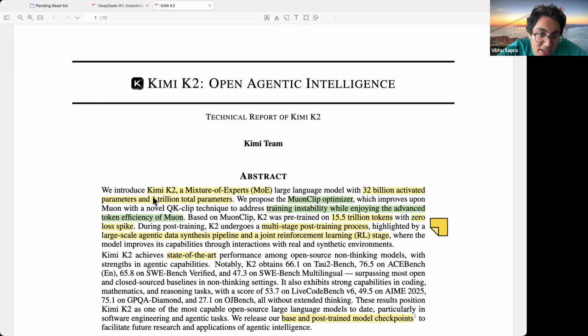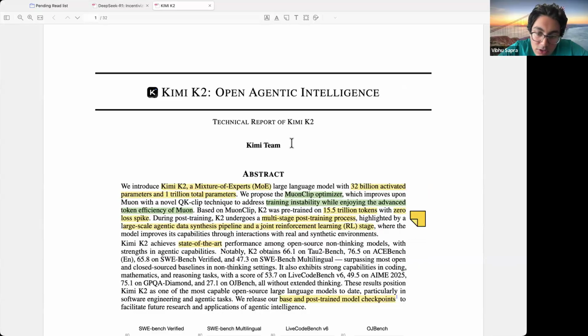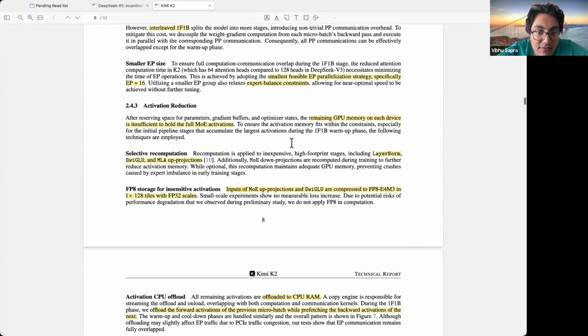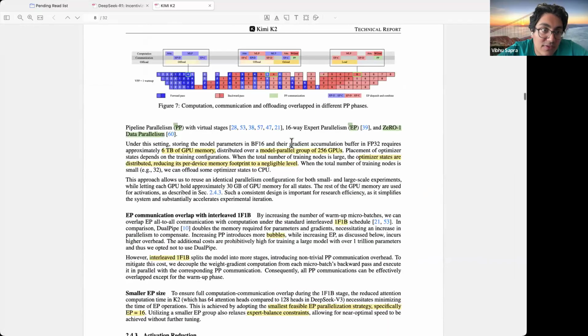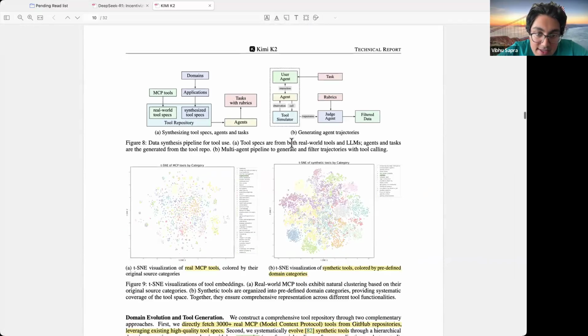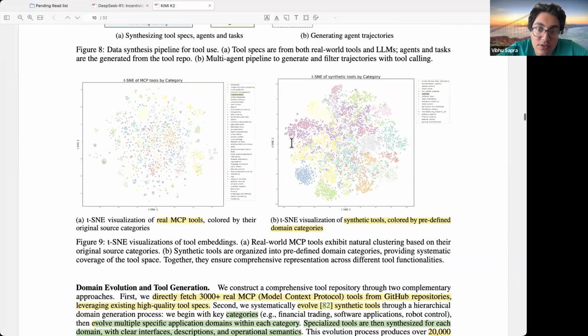So basically, this is a trillion parameters. It's not a thinking model, but it's like the second DeepSeek moment. It's better than Claude on all coding benchmarks, better than anything. It's very state of the art. It's not thinking, and it's a very good non-reasoning model. It's very open source.